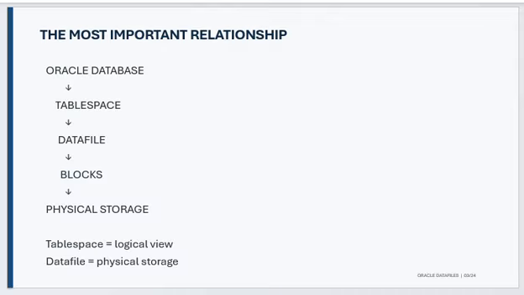So if we create a tablespace called users, we could have one or more data files with a .dbf extension, like users01.dbf, users02.dbf, users03.dbf, and as the size of the database grows, we can add more and more data files to this users tablespace.